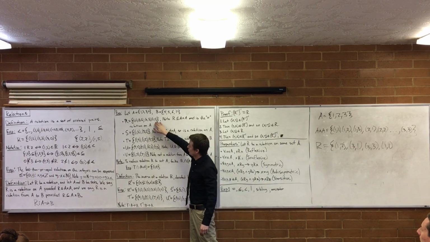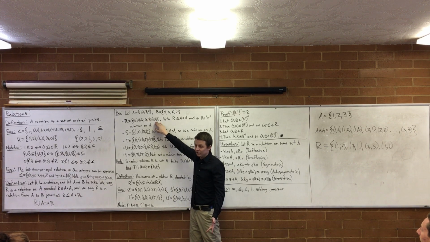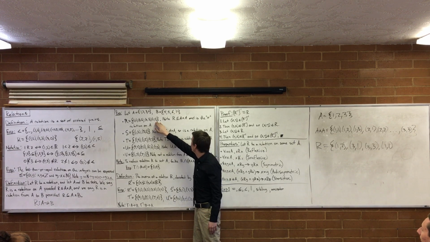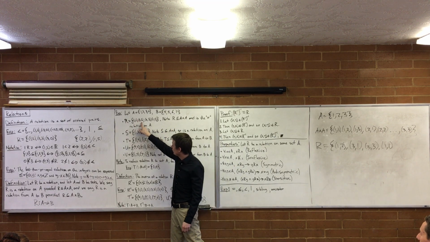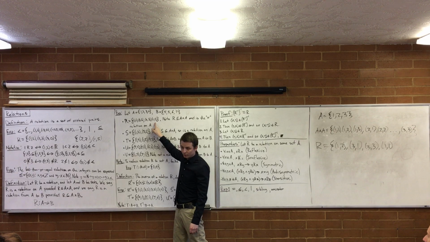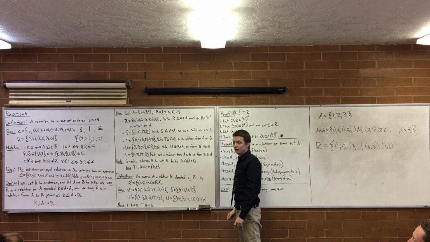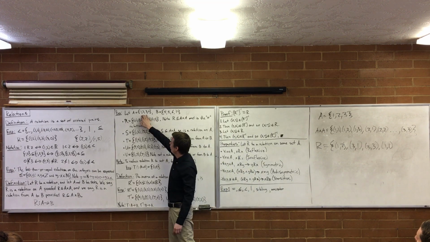This also captures a relation that you're familiar with: is equal. 1 is equal to 1, 2 is equal to 2, 3 is equal to 3, 4 is equal to 4. So it captures the idea of is equal on A.